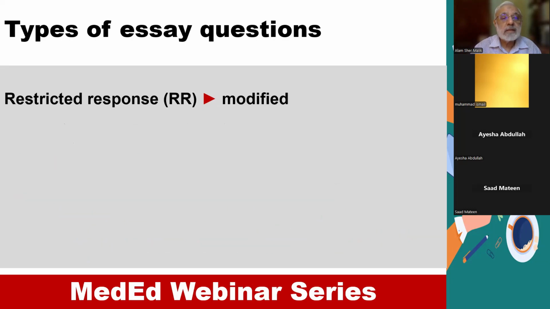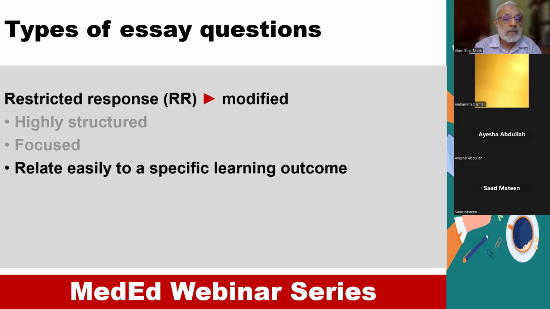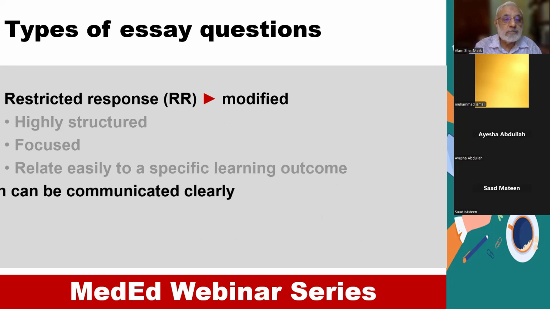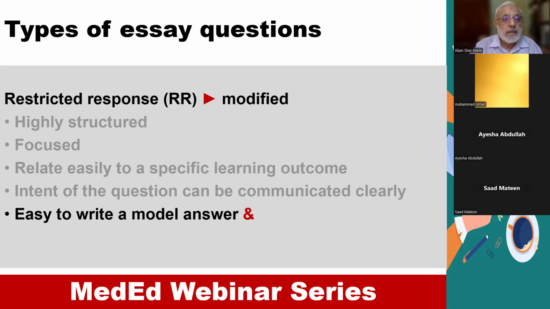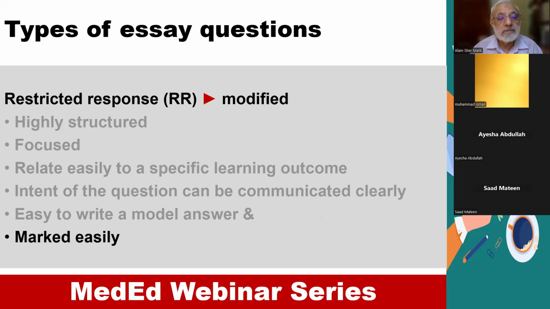On the other hand, the restricted response questions are modified. They are highly structured. They are focused. They relate easily to specific learning outcomes. The intent of the question can be communicated clearly, it is easy to write a model answer, and they can be marked easily.